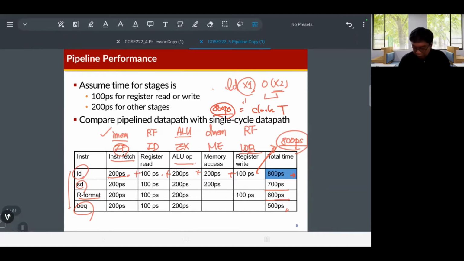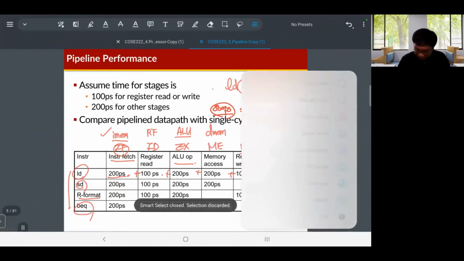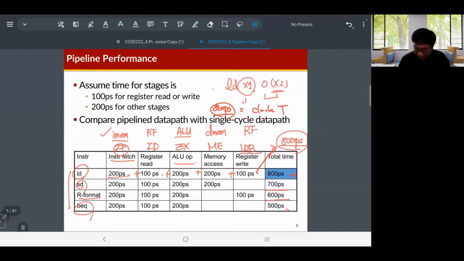Then how can you apply the pipeline manner to this RISC-V processor? So these are the required steps for executing an instruction. Then we can divide each step into an individual stage of the pipeline.